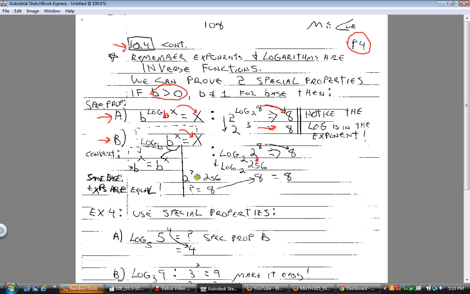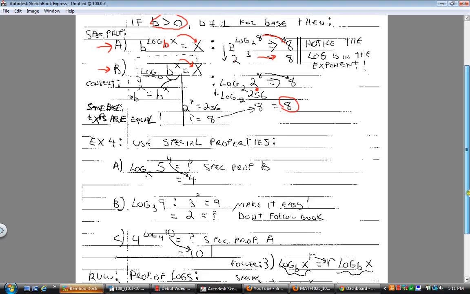And then you say yourself 2 raised to what exponent equals 256? Answer is 8. 2 to the 8th, which is 256. And there's your result. Your 8 comes in there, and you save yourself a whole lot of work by learning the shortcuts there. Okay, so they got kind of those special rules here, A and B.